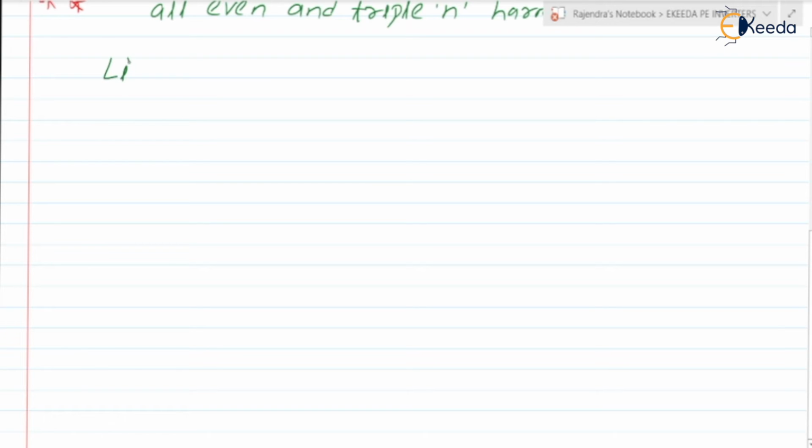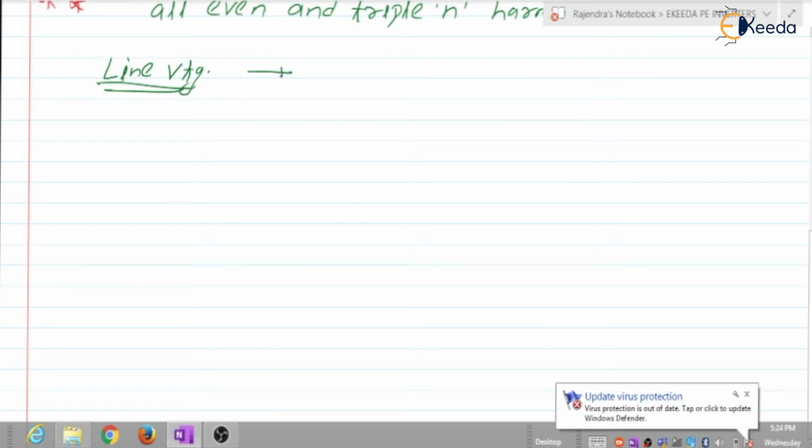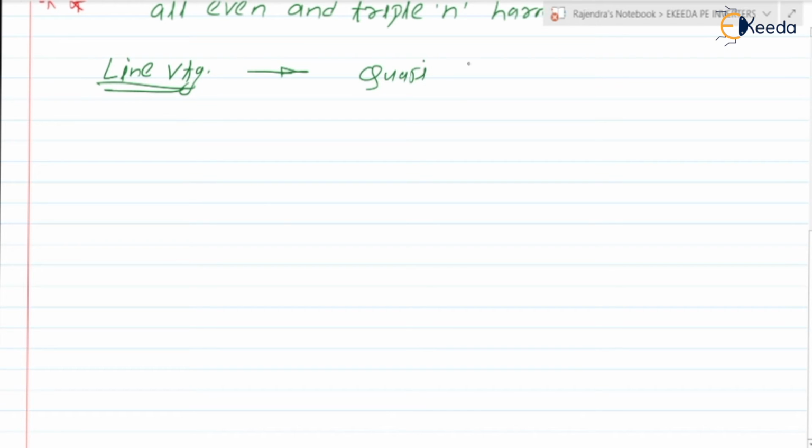The line voltage has a quasi square wave shape, and the pulse width is equal to 120 degrees.